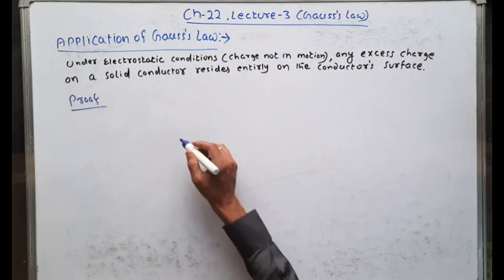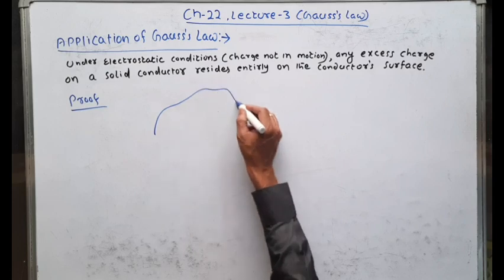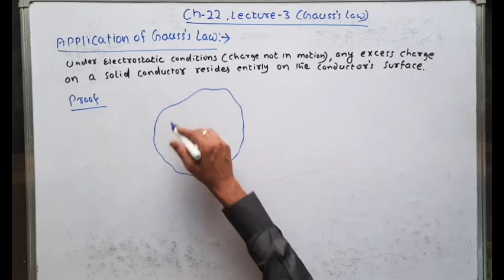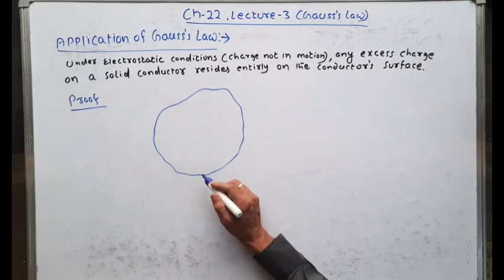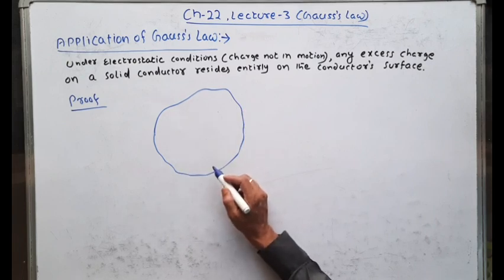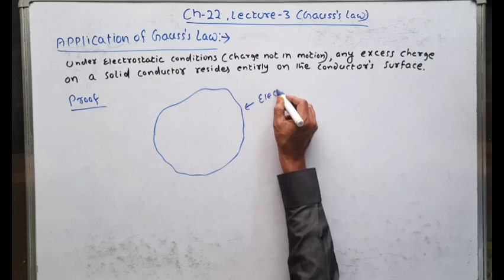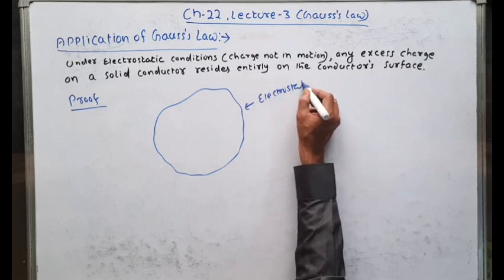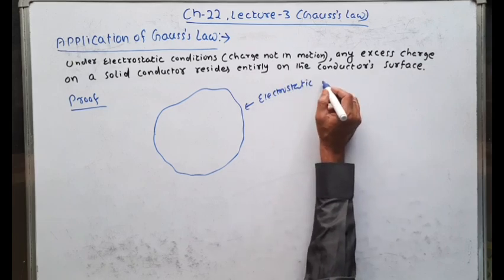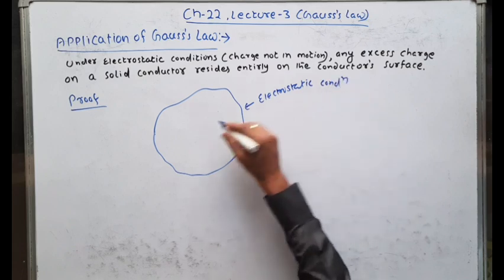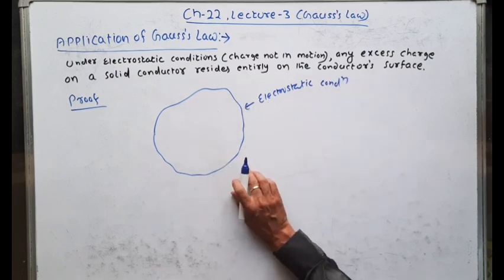Suppose this is a conducting body, a conductor, and we are discussing electrostatic condition. Electrostatic condition means charges are not in motion, they are at rest.